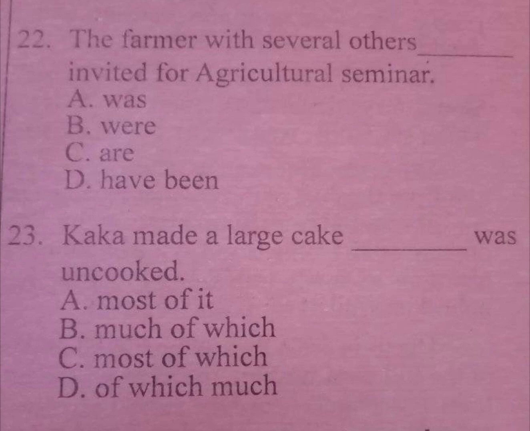In actual fact, if "with" is replaced with "and", then it is correct to use the plural form of the verb. And as such, the sentence should therefore read, "The farmer and several others were invited for agricultural seminar."